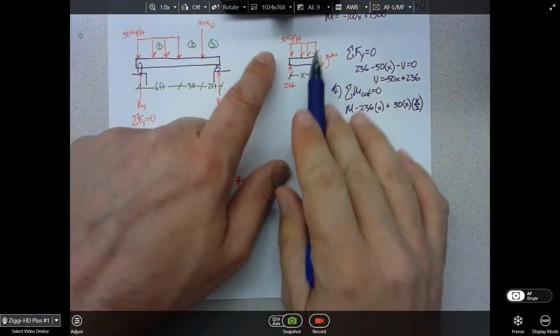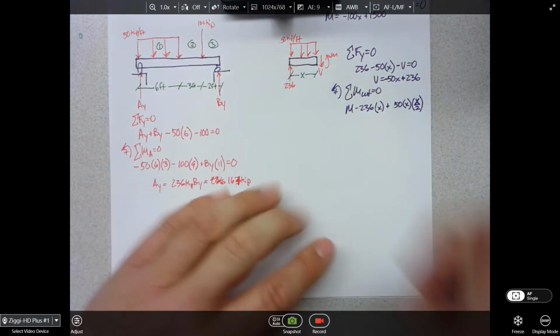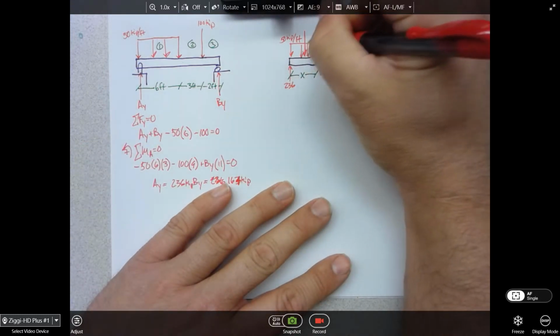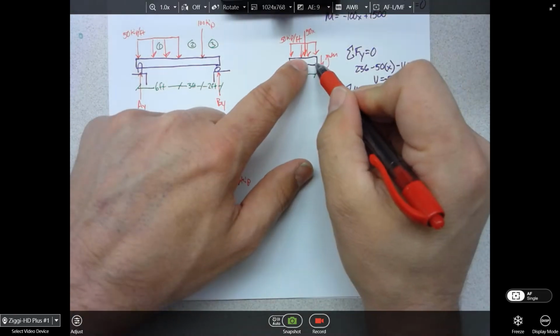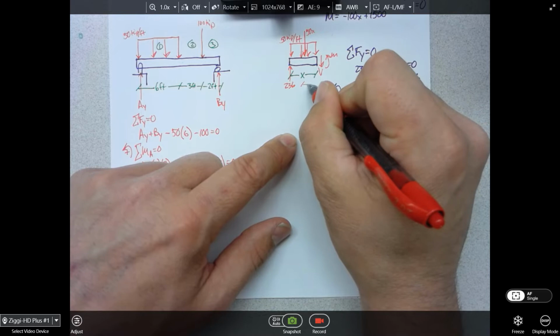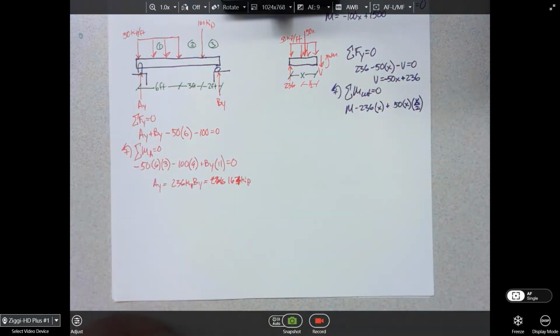So 50x is the resultant force here, and its lever arm from the cut face would just be x over 2, because it's centered.